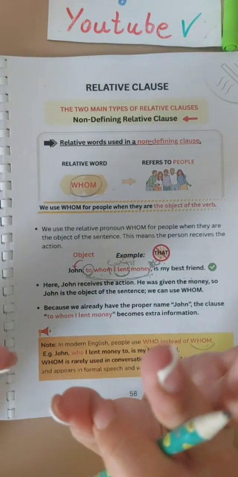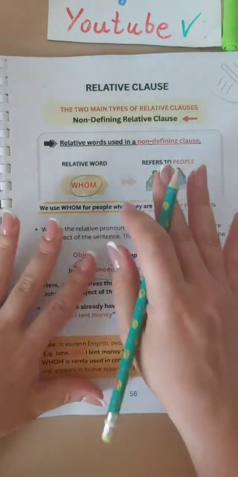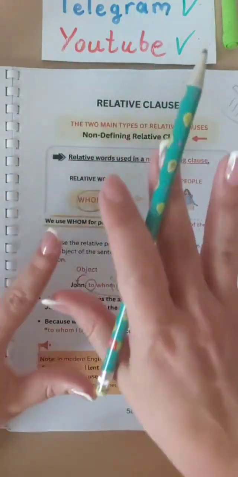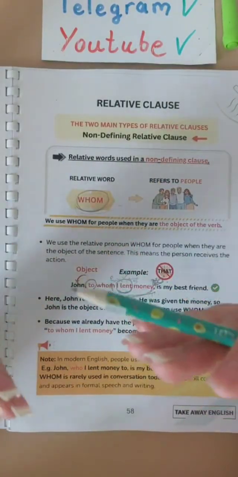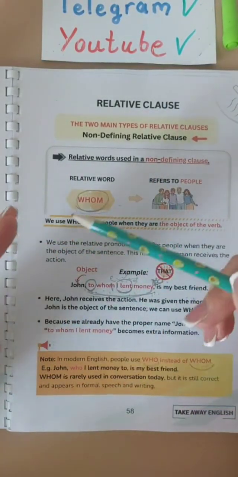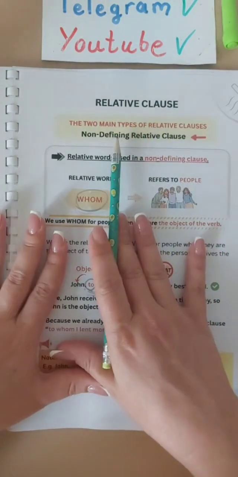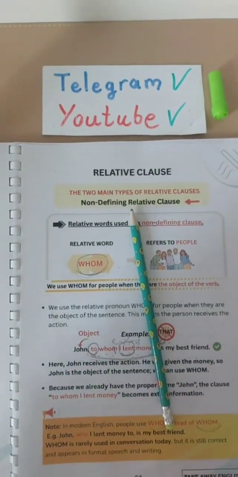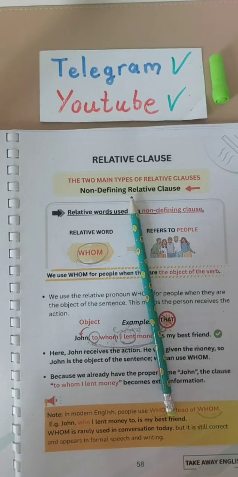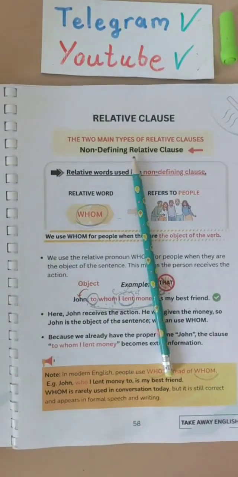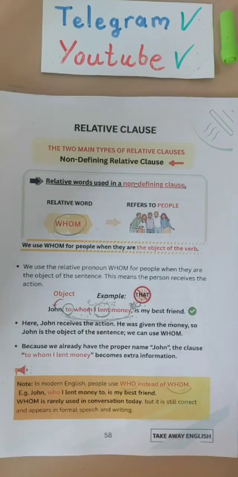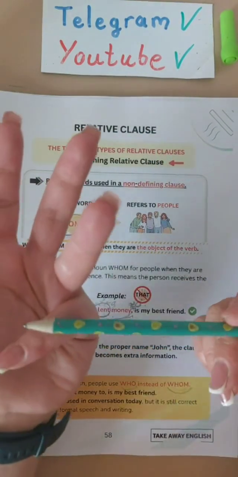There is an excellent video on my YouTube where I talk about prepositions and phrasal verbs, where we can place them in defining relative clauses. In non-defining relative clauses, it's easier because we cannot use that.